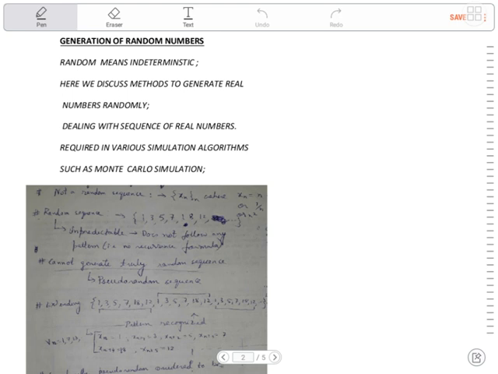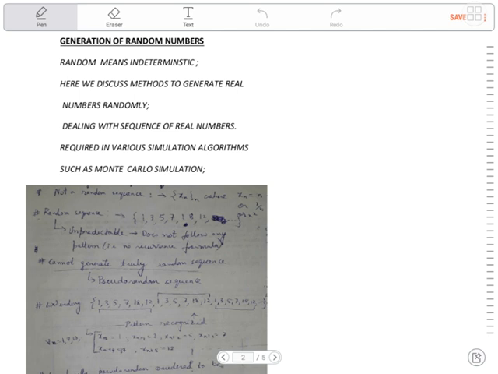If I repeat the experiment n number of times, where n can be very large, then from the occurrence of head or tail we get a sequence of random numbers. Suppose if head occurs I say 0, and if tail occurs I say 1, then we are getting a random binary sequence. Why random? Because beforehand you cannot say whether you will get head or tail if the coin is unbiased, that means if you are tossing a fair coin.